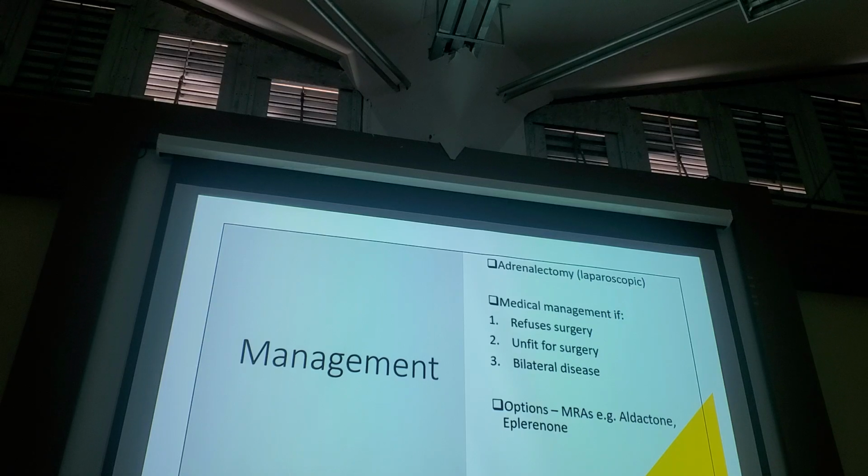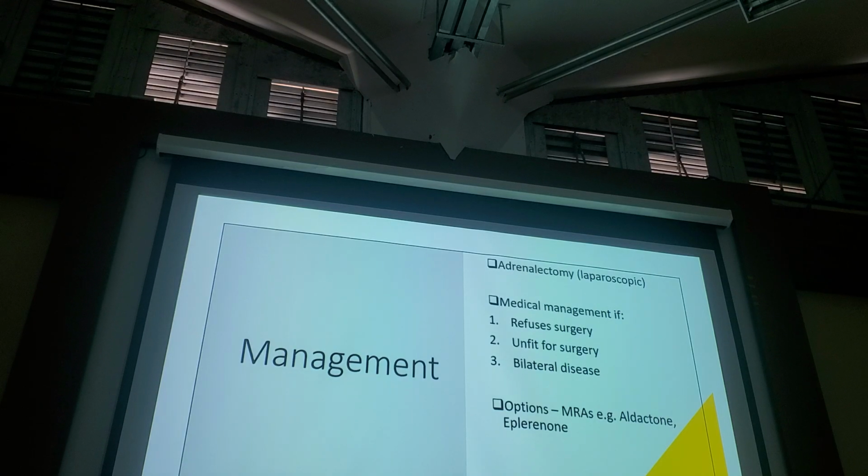If the patient doesn't want any surgery, or they're not a surgical candidate, or they have bilateral disease like hyperplastic disease, you do the CT scan and there's nothing there, then we tend to go for medical management. Okay? So we give them the same diuretics that you mentioned, the potassium sparing ones, in the form of spironolactone or eplerenone.